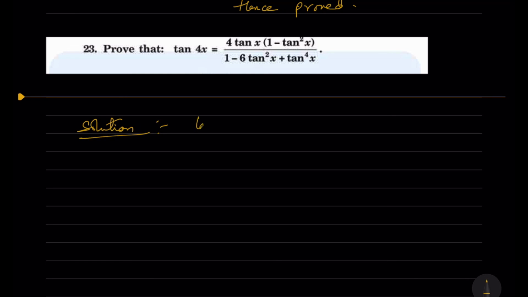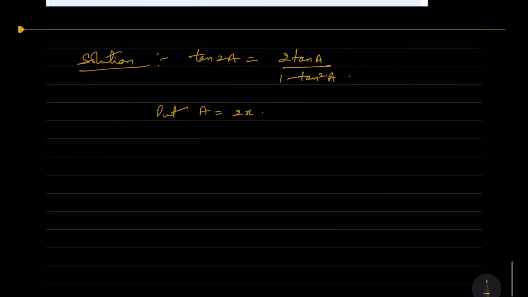You know that tan 2a is equal to 2 tan a by 1 minus tan square a, isn't it? So now what we are doing is we are going to put a is equal to 2x. So what are we going to get? Tan of 4x is equal to 2 tan 2x by 1 minus tan square 2x.